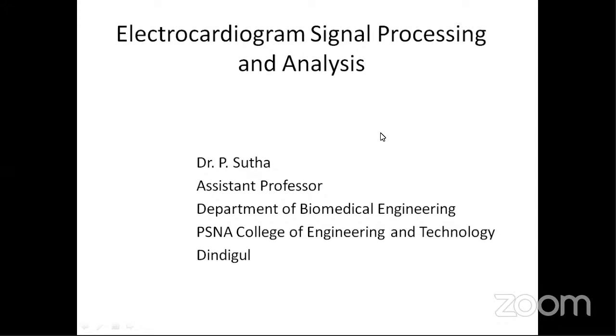My presentation is about electrocardiogram signal processing and analysis. I know the participants are from diversified fields, from different branches. So I am going to start with the basics of ECG and how the signal processing can be done, the basic concepts behind ECG signal processing and the analysis part.